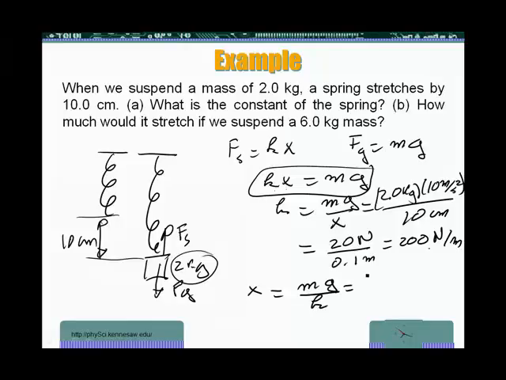In this case, m is 6 kilograms times g, 10 meters per second squared, and then over k, which is 200 newtons per meter. Now this is 6 times 10, 60. 60 over 200.